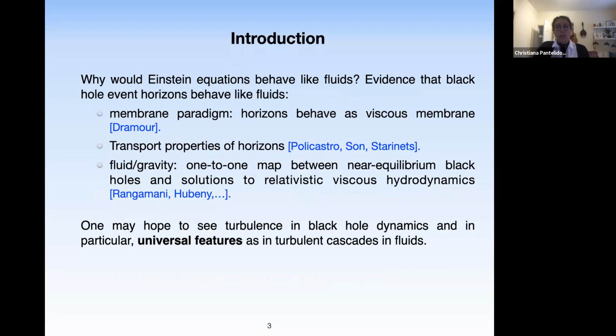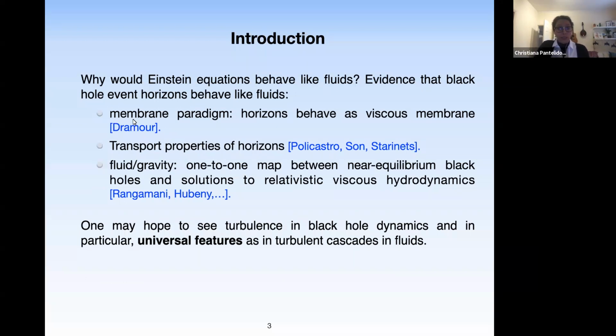But why would Einstein equations have anything to do with fluids? If you just take the equations and stare at them, it's by far not obvious why the two should be related. But actually there is a long list of evidence that connects black hole horizons and fluids.